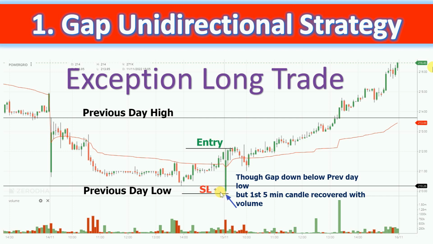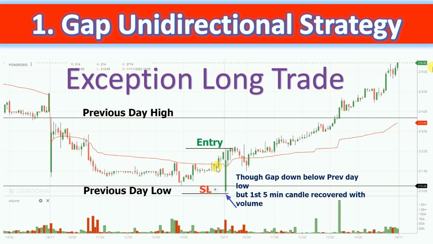It recovers back into the previous trading day range and with a high volume. So it is indicating that the gap down is rejected by the market participants and they do not want to continue in that direction of the gap down. Rather, they want to take a reverse trade.